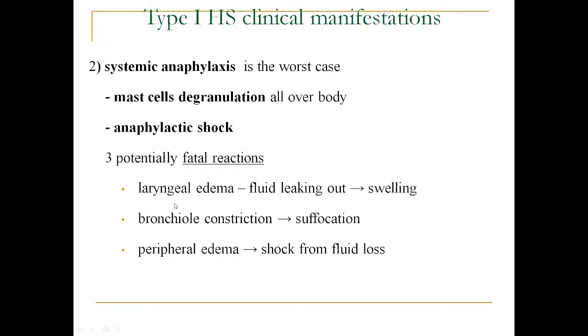The first one is laryngeal edema that leads to fluid leaking out from tissues and swelling of tissues and organs. Another one is bronchial constriction that leads to suffocation. And the third one is peripheral edema that leads to shock from fluid loss.